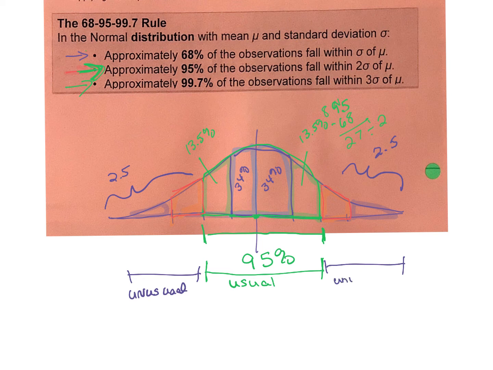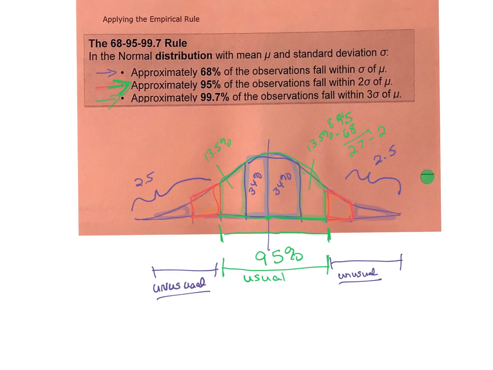I'm just getting so excited to talk about this that I'm making careless mistakes, and I apologize. So unusual, because it's beyond 2 standard deviations from the mean. So it's a very small amount of the data, okay? But we do want to figure out what each of these slices is also. So let's do the math.